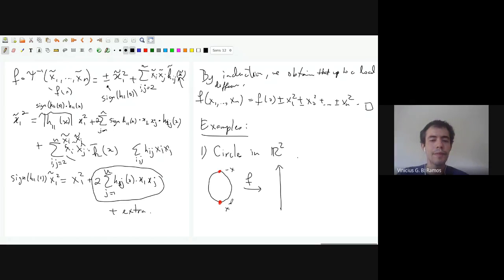And up here, you can write it as minus x squared plus a constant. So over here, how many negative terms do I have? I have 0 negative terms. And here I have 1 negative term. So that means the index of this critical point is 0, and the index of this critical point is 1.